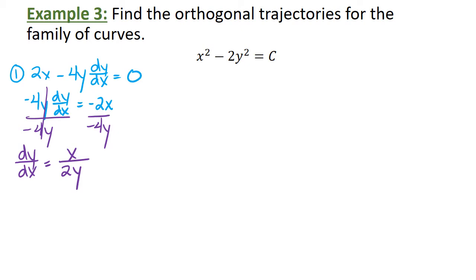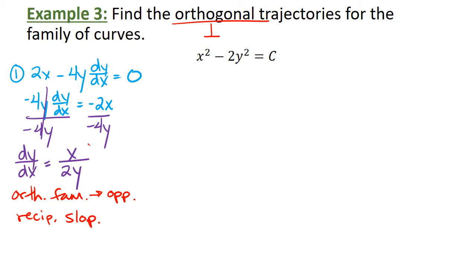Recall that dy dx represents the slope of a given family of curves, so the orthogonal family has opposite reciprocal slopes. Because remember, orthogonal is fancy for perpendicular.